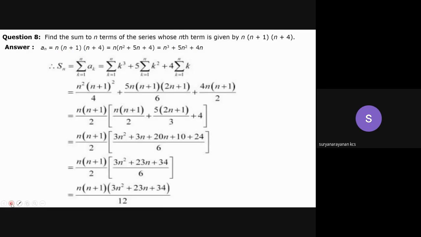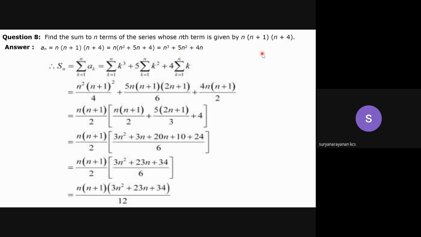Okay, my children. Likewise, we have to find the sum to n terms of a given series into a single term. Now come to the next question. Question number 8. Find the sum to n terms of the series whose nth term is given by n into (n plus 1) into (n plus 4).